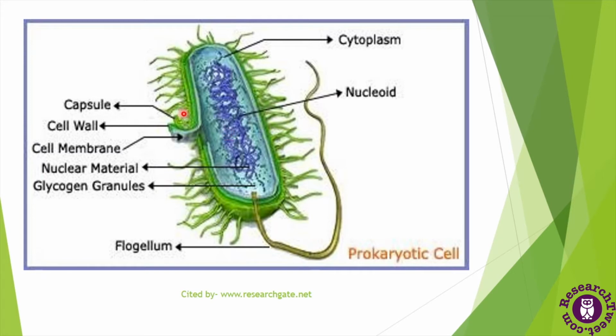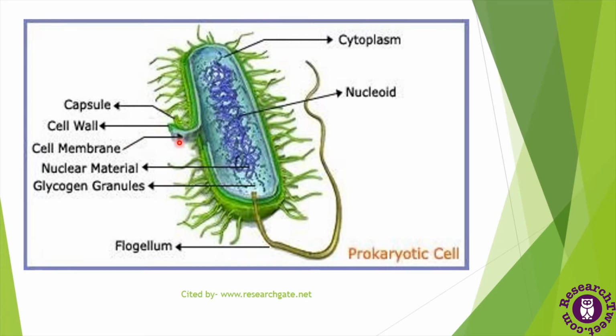Here we can see the outermost layer, the capsule, which is followed by the cell wall. The cell wall is otherwise found only in plant cells, and that's why the bacterial cell is also considered a connecting link between plant cells and animal cells. This cell wall is made up of peptidoglycan and it is followed by the cell membrane or plasma membrane.